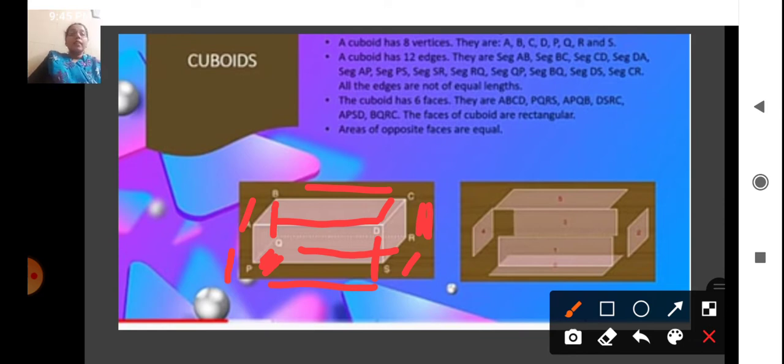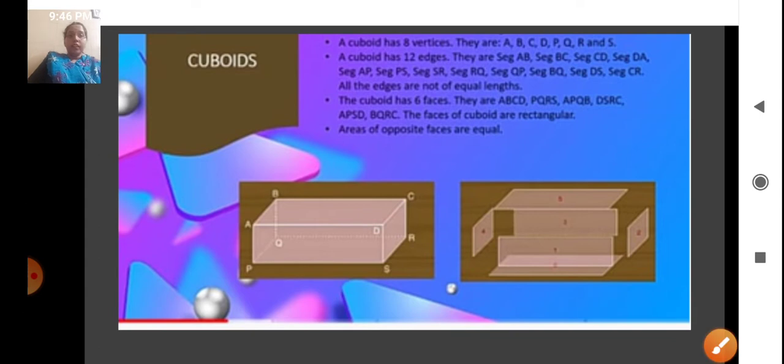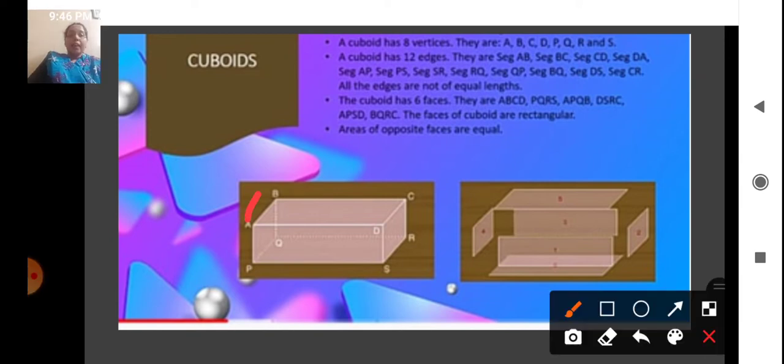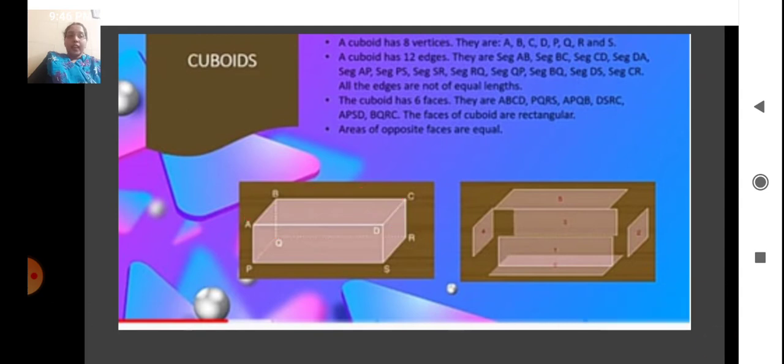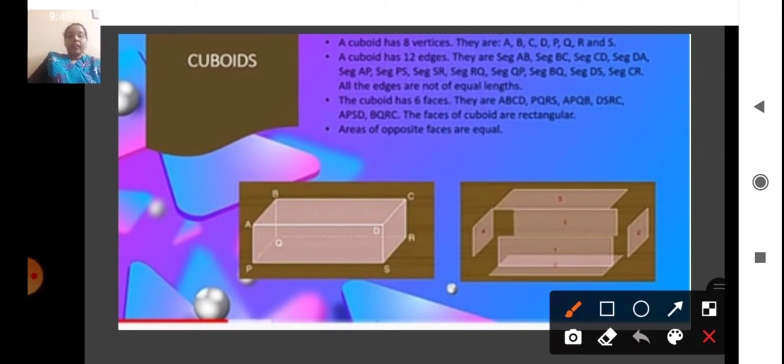Now let us see the faces of cuboid in this figure. The first face which I am going to mark here is A, B, C, D. This is the first face. Next one, A, P, Q, B. See here, A, P, Q, B. This one.